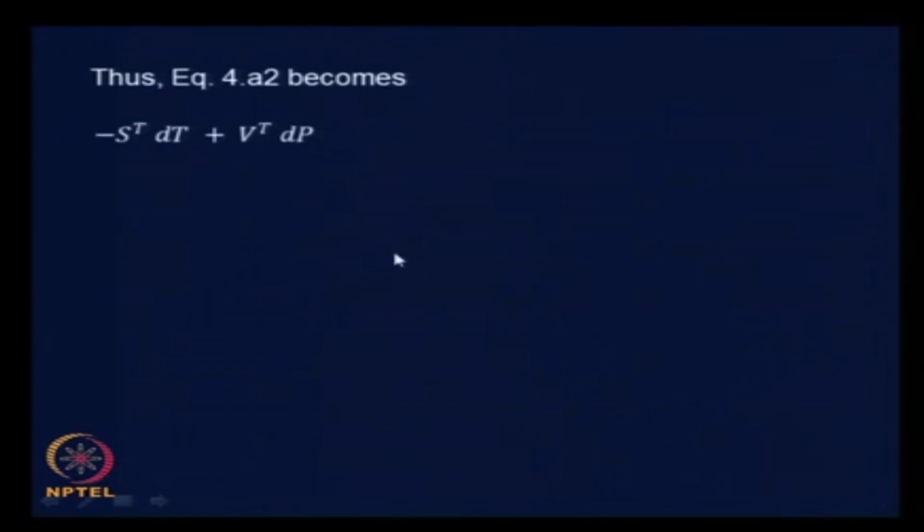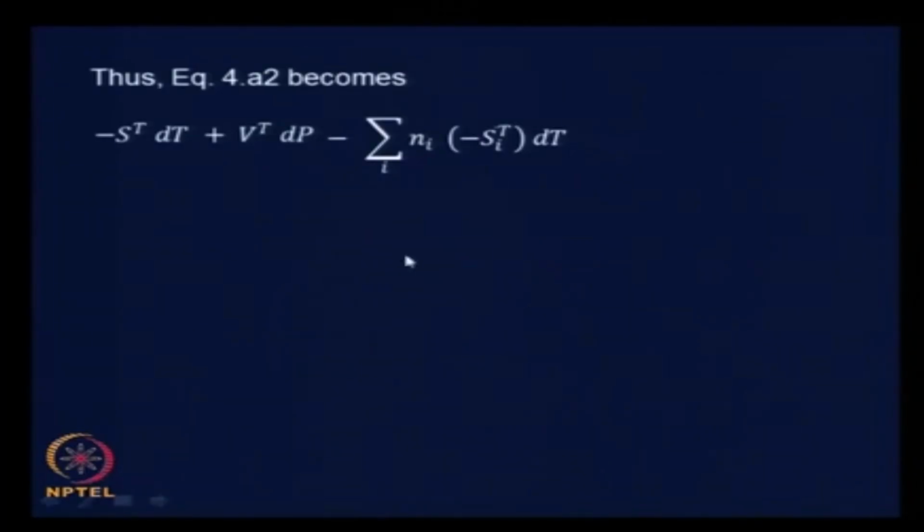minus St dT plus Vt dP. Now, this is where we substitute the relationships that we obtained from the reciprocity relationship as operated on the Gibbs-Duhem equation. Remember, we got the partial molar entropy and the partial molar volume.